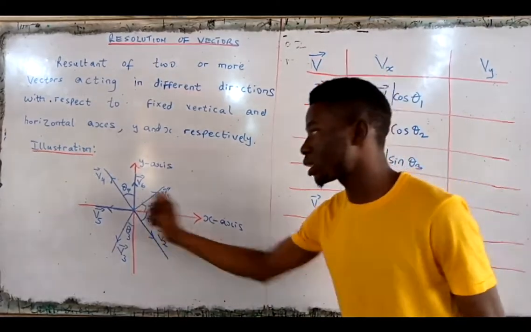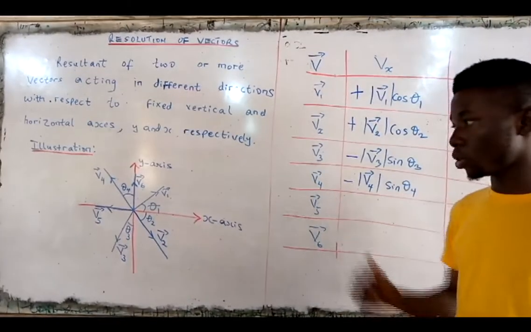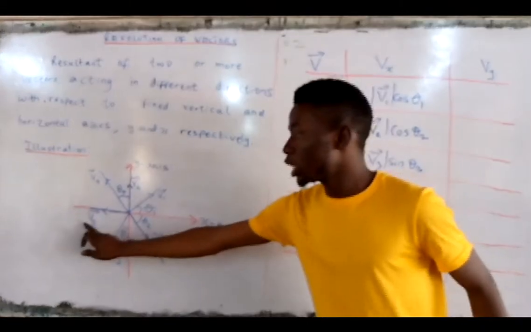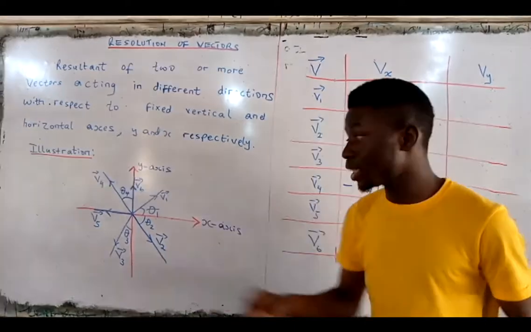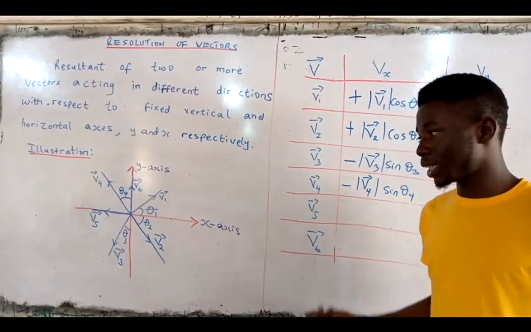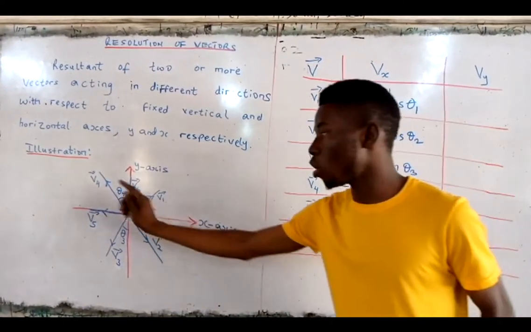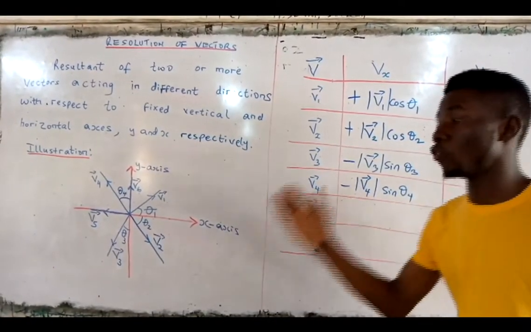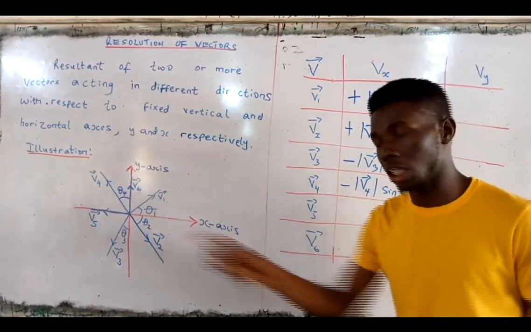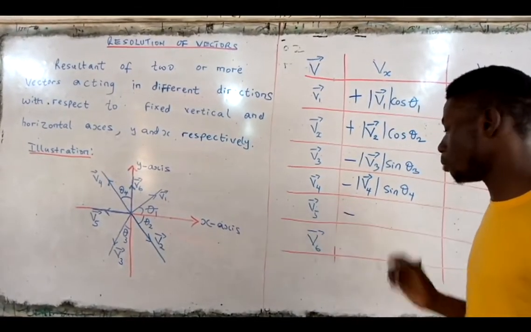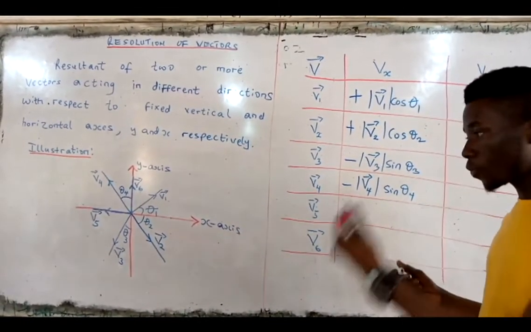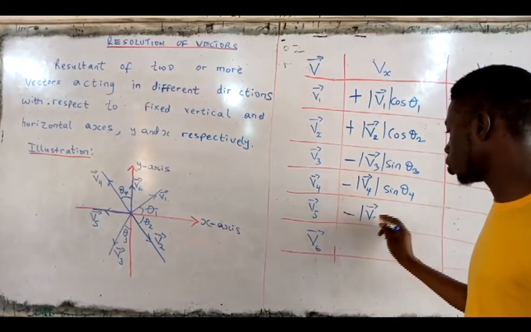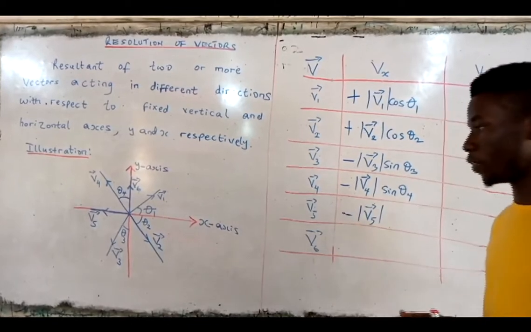But that's not very important to be considered. Since v5 is on the left hand side, then we can say that the value of v5 while resolving will take a negative value for the x-axis because it is on the left hand side. So we have minus. Then what follows, just like the other case, is the magnitude of vector v5.